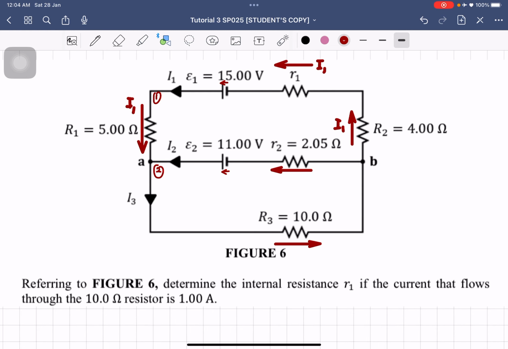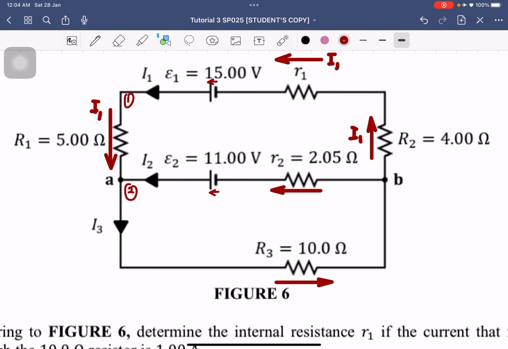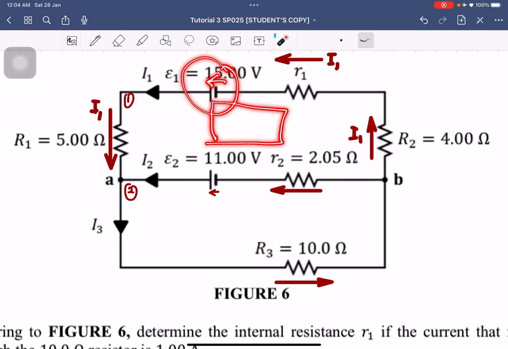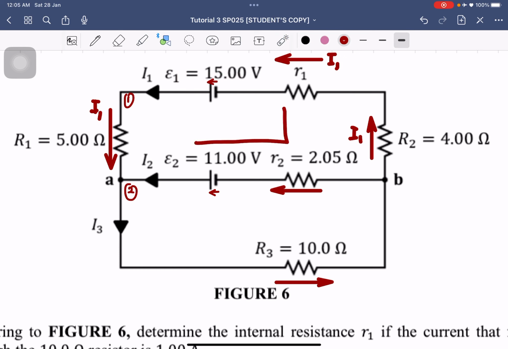We've labeled the current, and then we have to designate the direction of the loop. For the first loop, I'm going to follow the first EMF, so it's pointing to the left, which means it will be anti-clockwise. I would always draw a rectangle or a square, depending on the shape of the loop, because it is much easier to see the direction of the loop and the direction of the current.